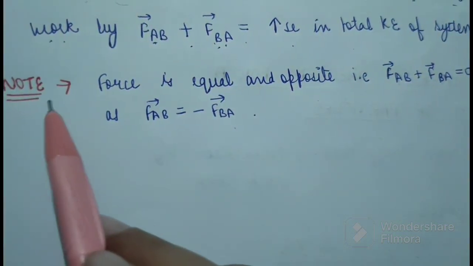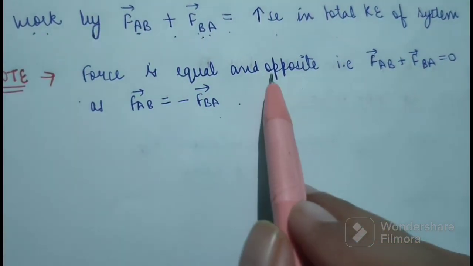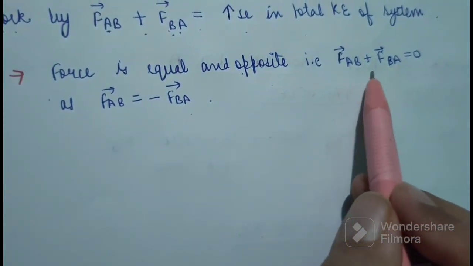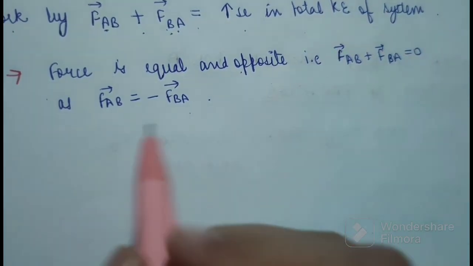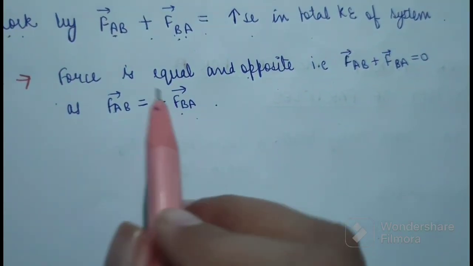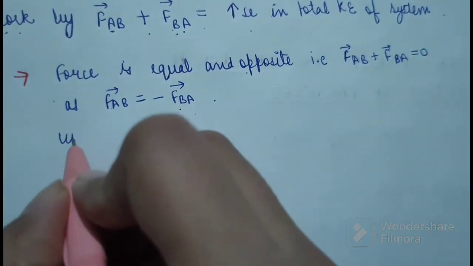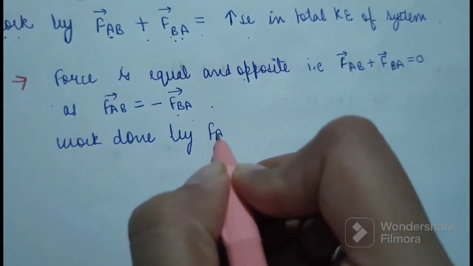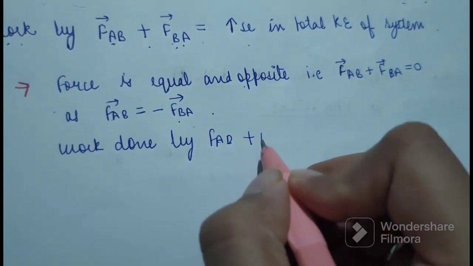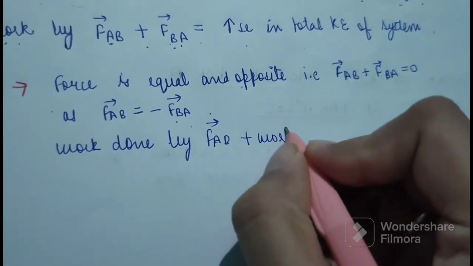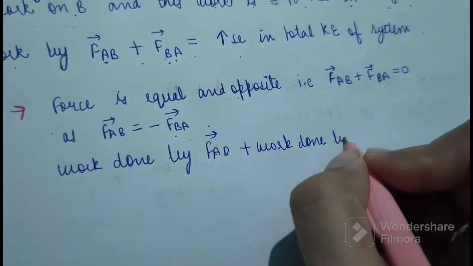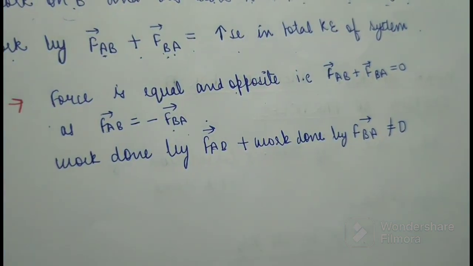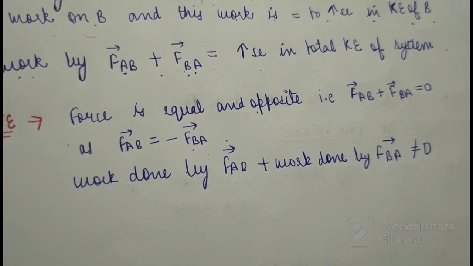Now there is a very important point here: the forces are equal and opposite, right? The addition of these two forces, that is the total force, is equal to 0 because they are equal and opposite. But the work done by FAB and the work done by FBA is not equal to 0.